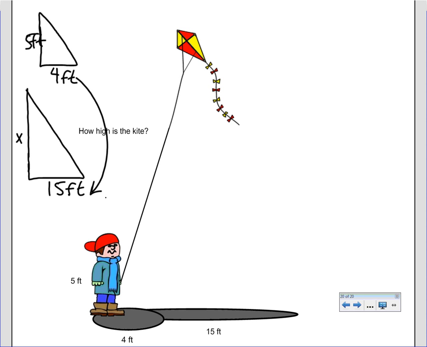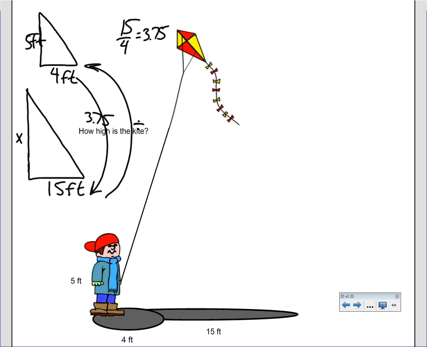Well, I could divide backwards. 15 divided by 4, and that equals, punch it in the calculator here, 3.75. So my scale factor is 3.75. That was the division, 3.75.